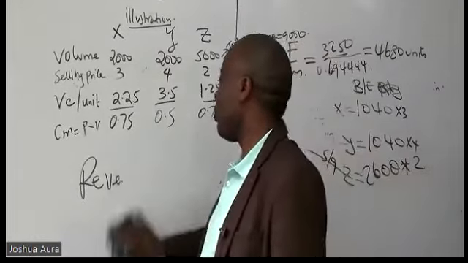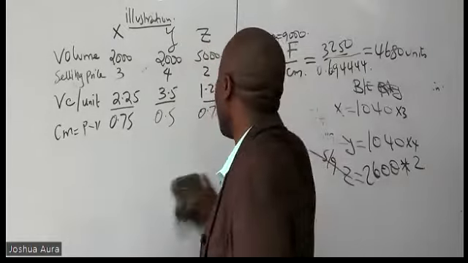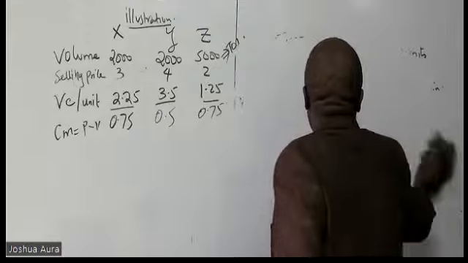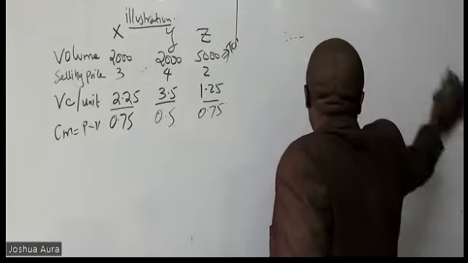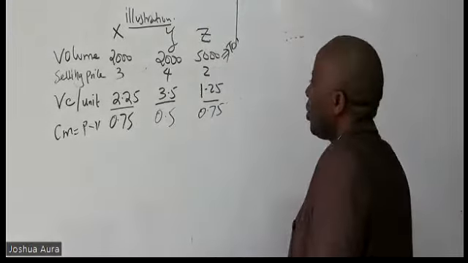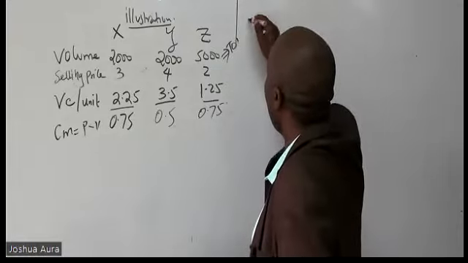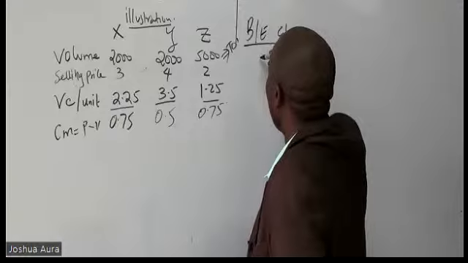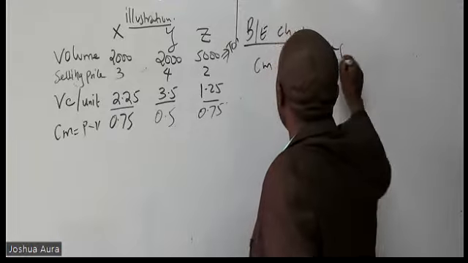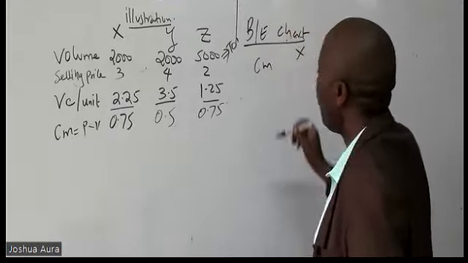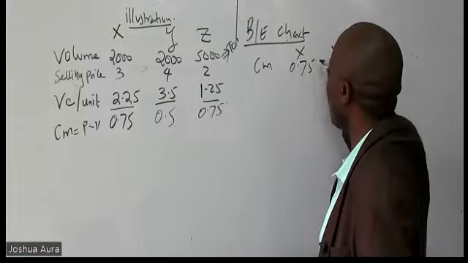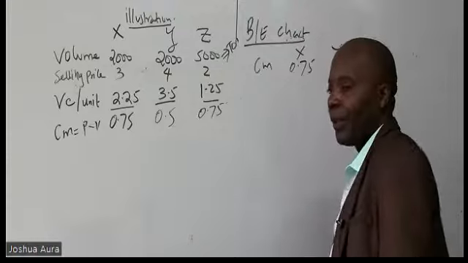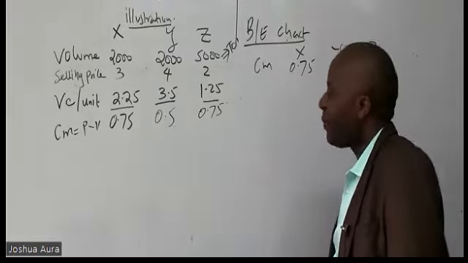The first step is to give us the contribution margin for each product. Fortunately, we had computed these as 0.75, 0.5, and 0.75. That is step number 1.